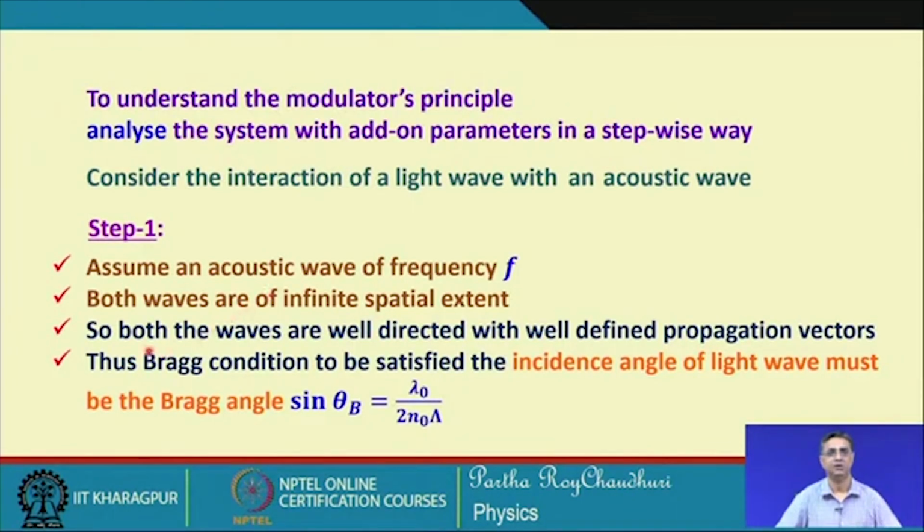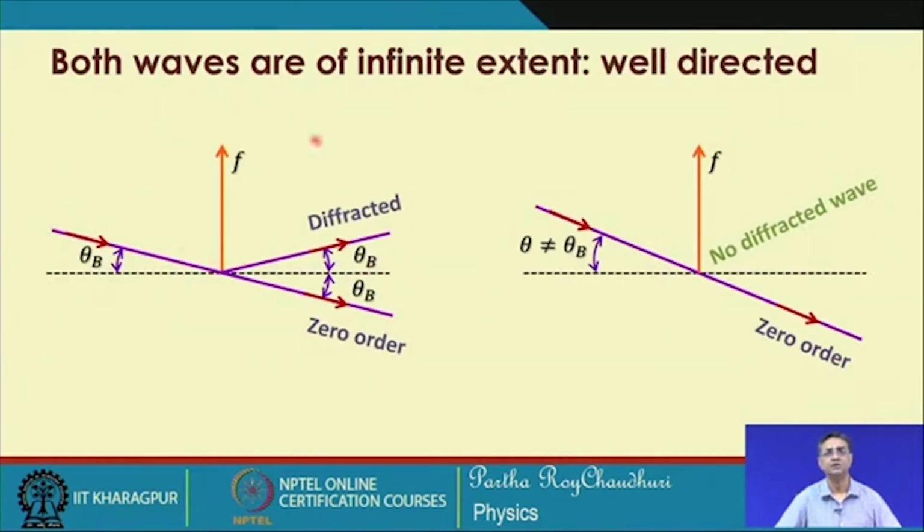Thus, for the Bragg condition to be satisfied, the incident angle of light must be the Bragg angle, that is sin theta b equals lambda 0 by twice n capital lambda. This is very clear here, because you have only one frequency, one optical beam propagation direction, and only one direction of the acoustic beam. This is pictorially what I wanted to convey.